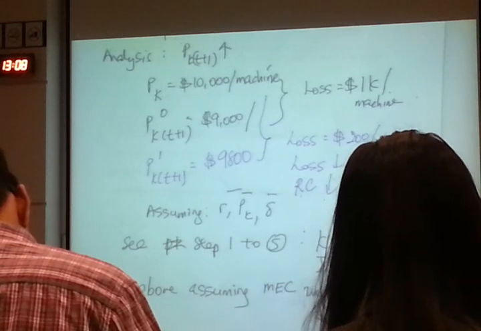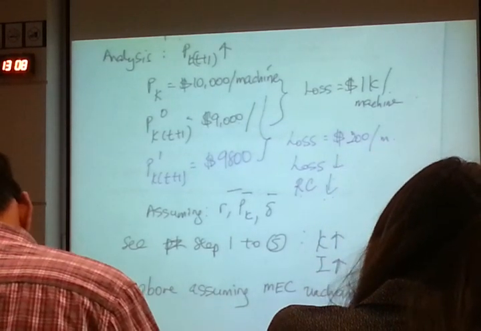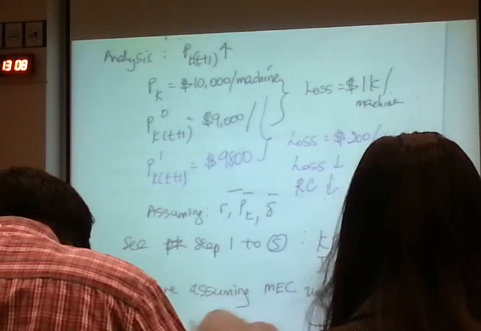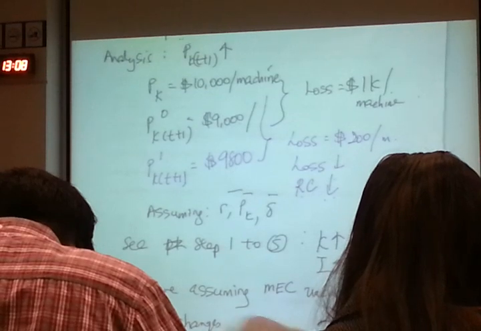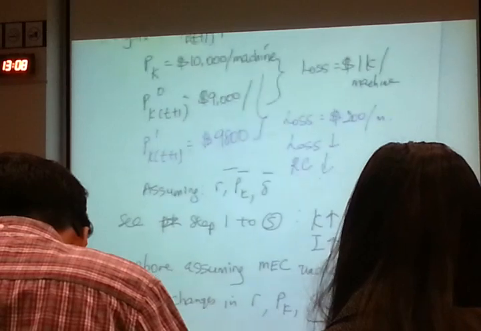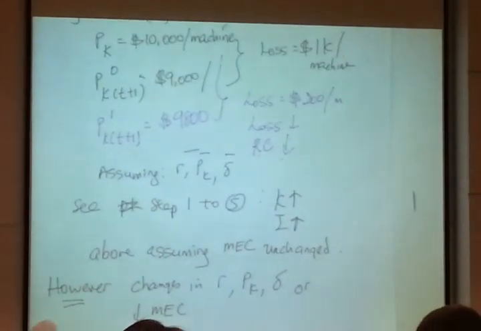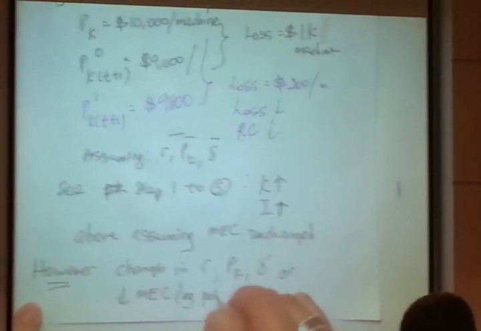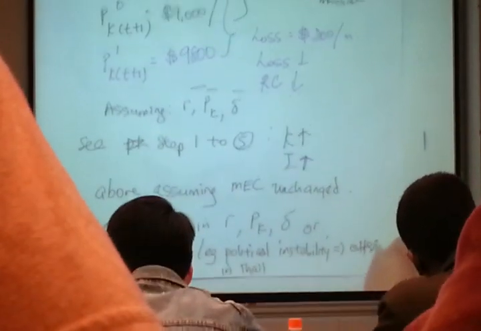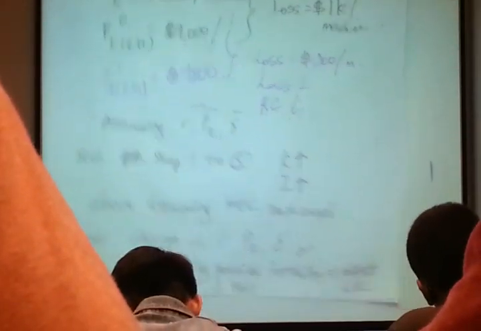So in this case, put in your prefix to say, however, changes in R, PK, delta, or even a drop in MEC. Example, political risk or political instability in Thailand will therefore offset the drop in RC.